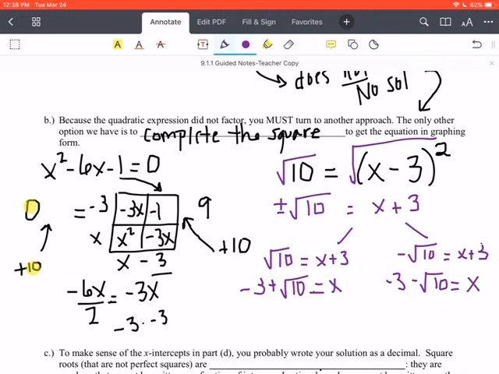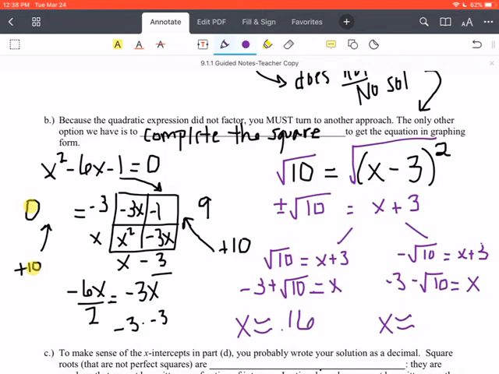Okay, now these don't make sense if we were going to go to a graph, so at this point is when we pick up a calculator, no point before this, and we are going to get our approximations. So we are picking up our calculator and doing negative 3 plus the square root of 10, and we get 0.16.